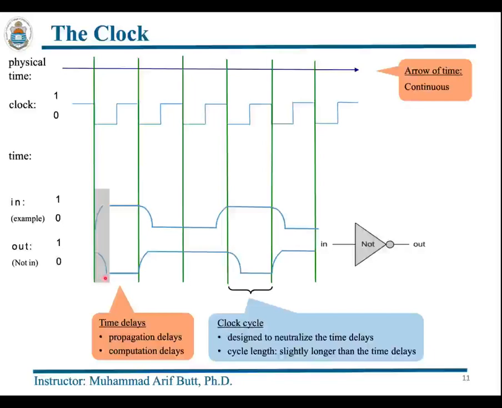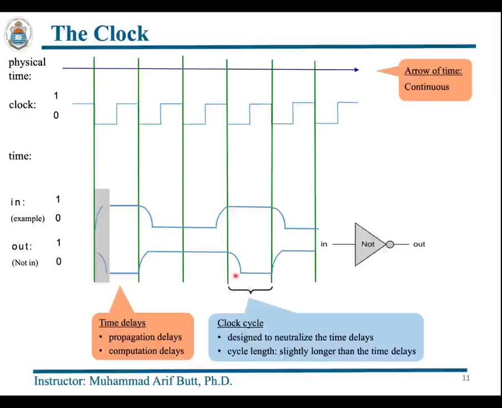Well, dear students, this concept is critical, and the duration of the clock cycle from this point to this point is designed by the hardware designer to neutralize these propagation and computation delays. So the length of this clock cycle must be kept slightly longer than these time delays.